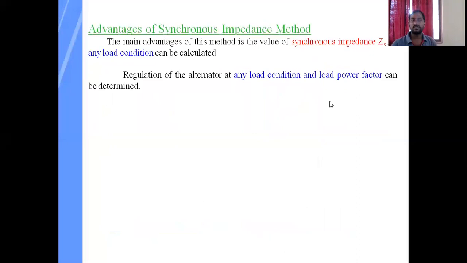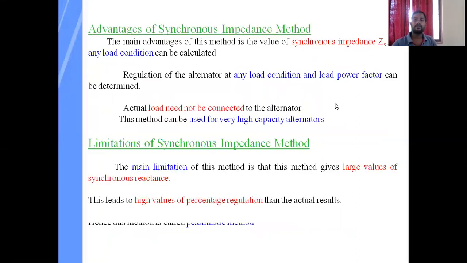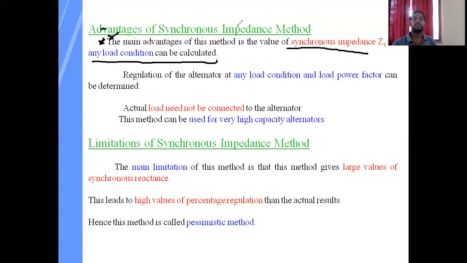So, what are the advantages of this method? The main advantage of this method is the synchronous impedance for any load condition can be calculated. This is the most important one. So with any load, synchronous impedance can be calculated because this is OCC, this is SCC.